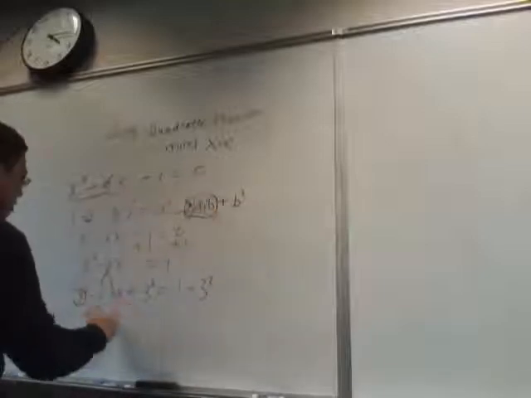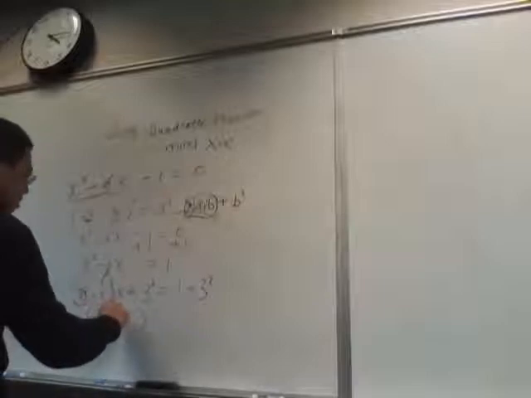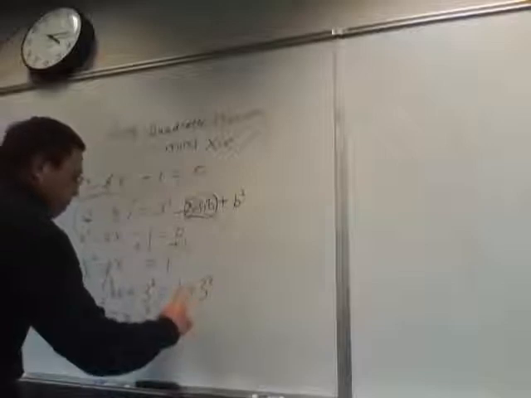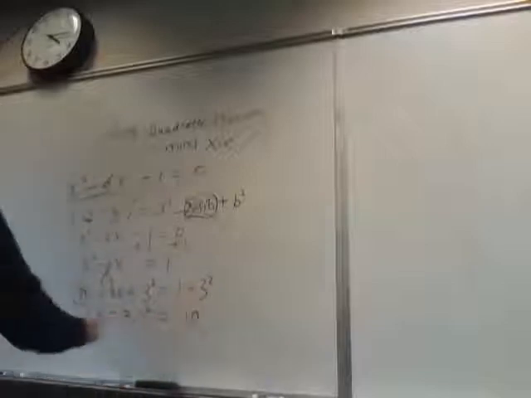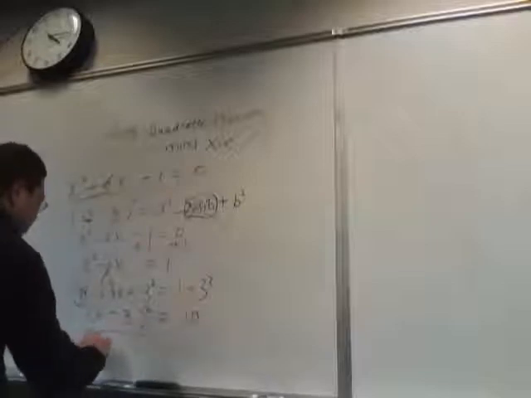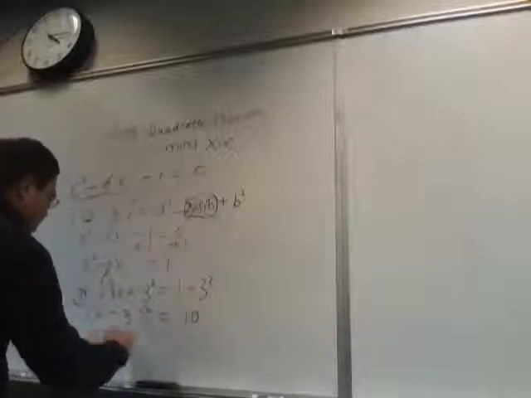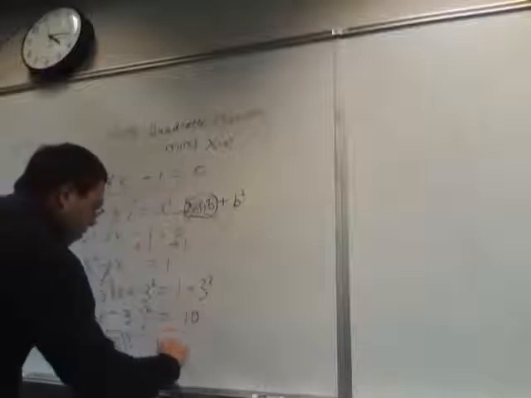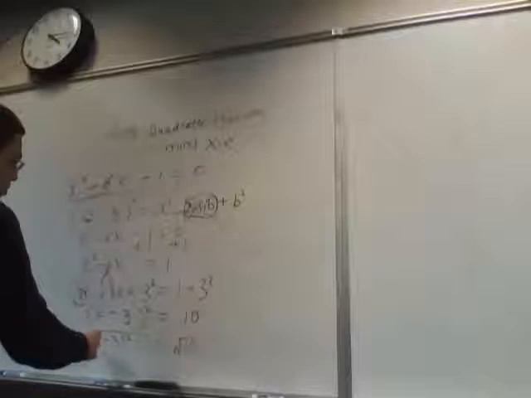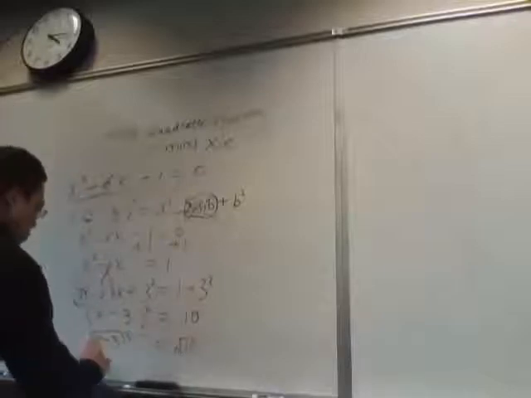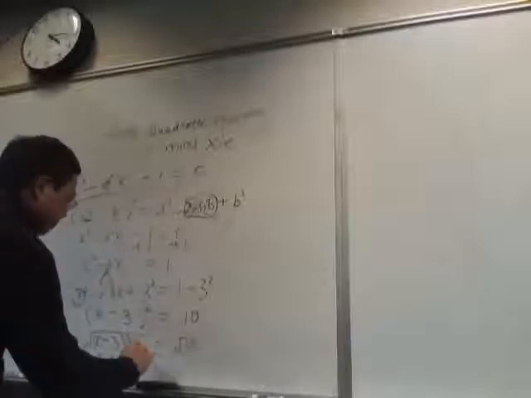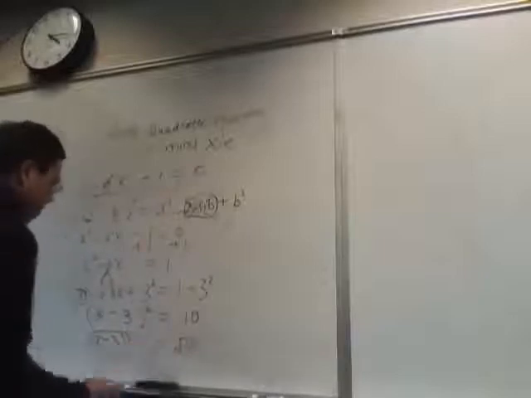So we can say x minus 3 perfect square equals 10, right? And then take the square root of both sides: x minus 3 squared is radical 10. If I take out the square root, that's x minus 3 equals plus or minus radical 10.